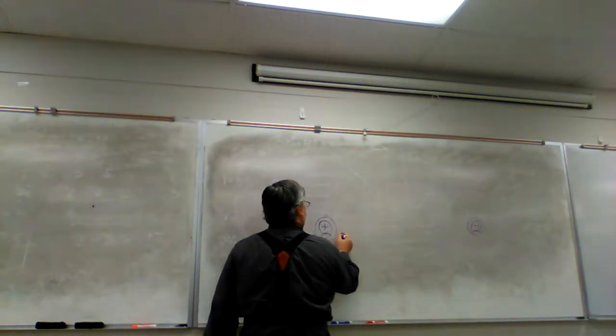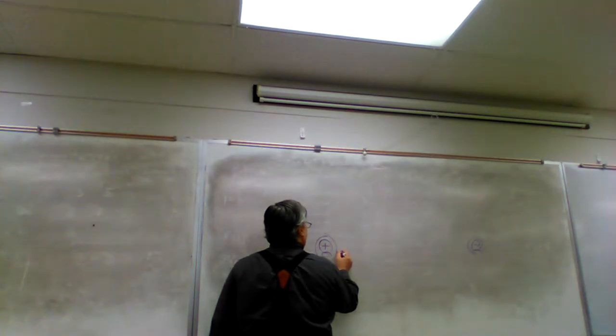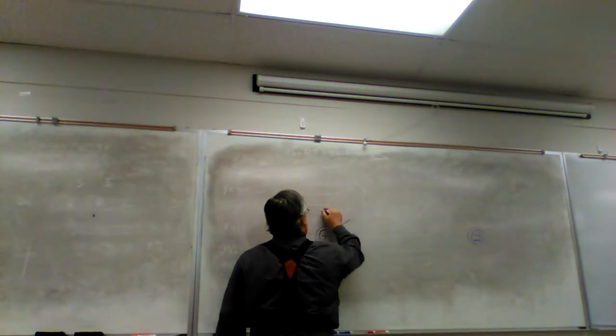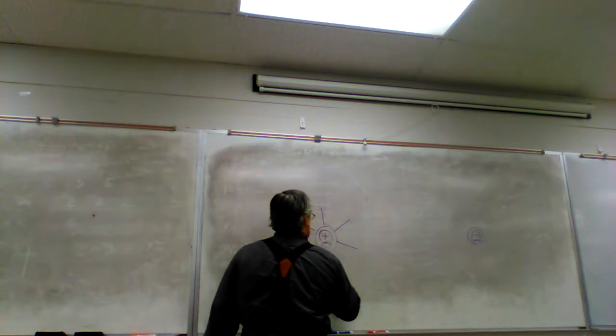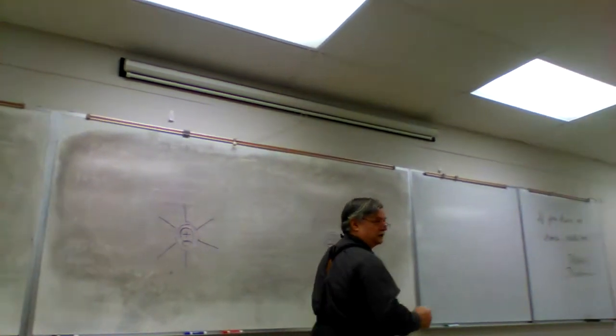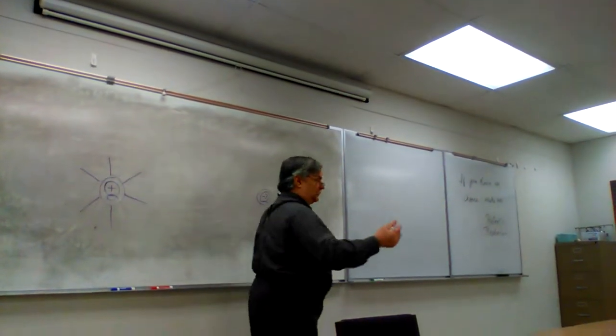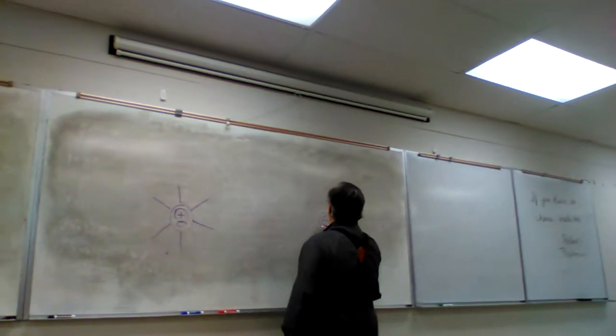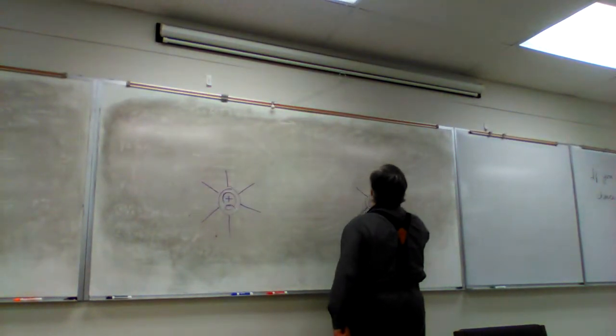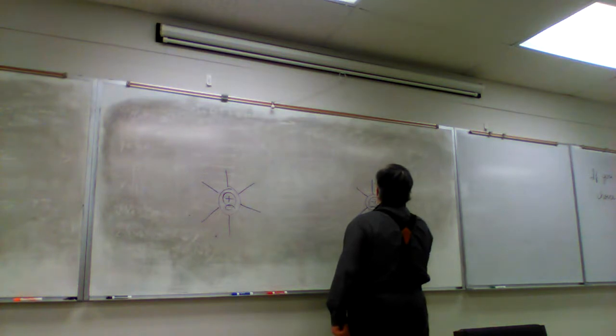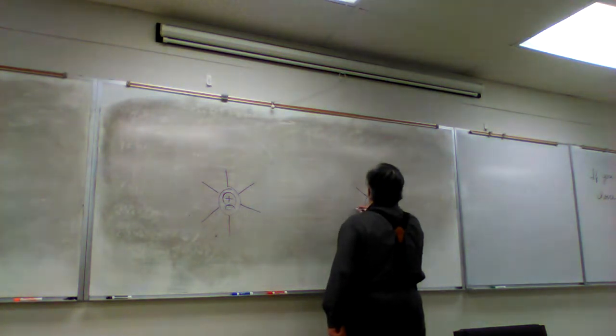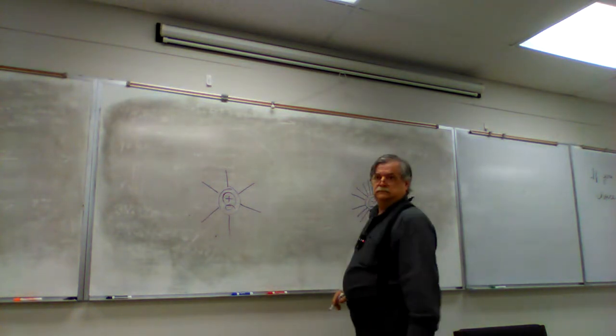So for this one, we'll start with 6. This one is 3 times the charge, so we'd put 18 of these lines.